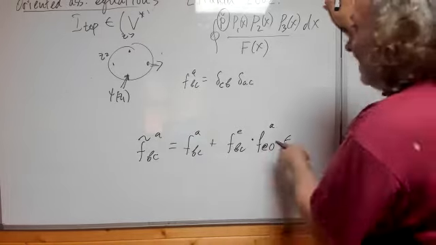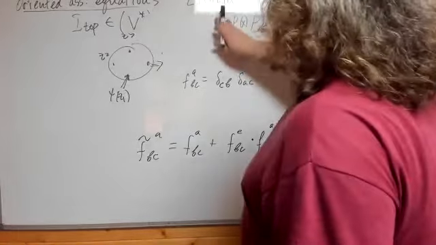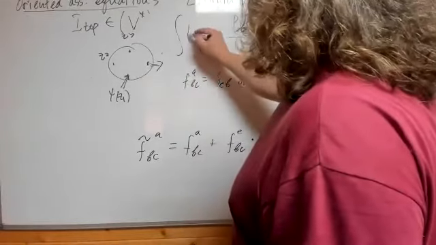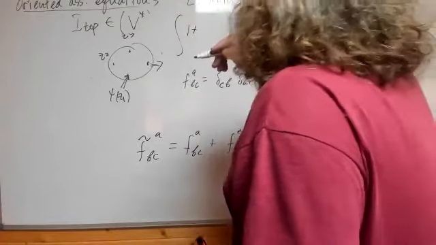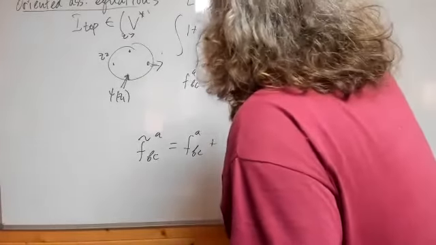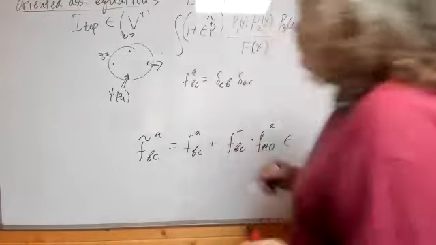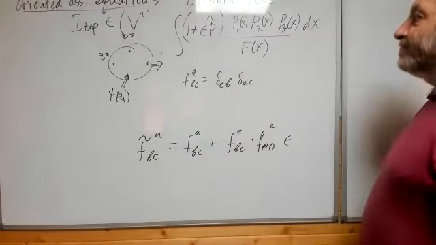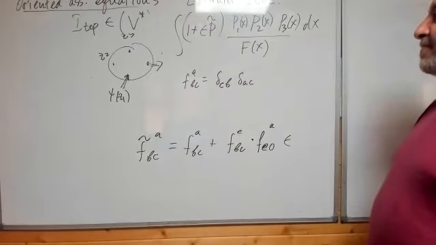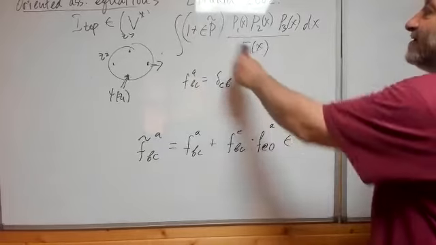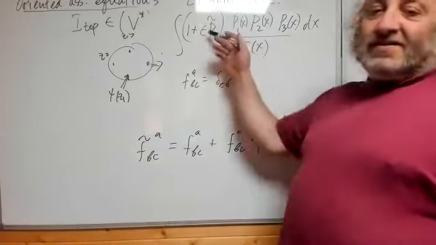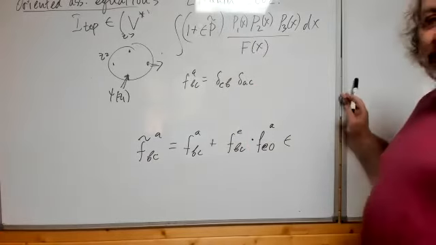So, actually, I am putting here 1 plus epsilon p tilde. This is still associative. So my statement is that this is still associative multiplication.